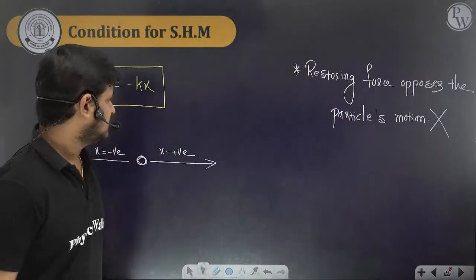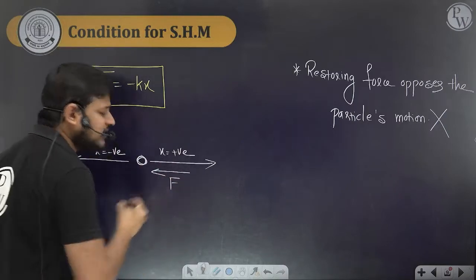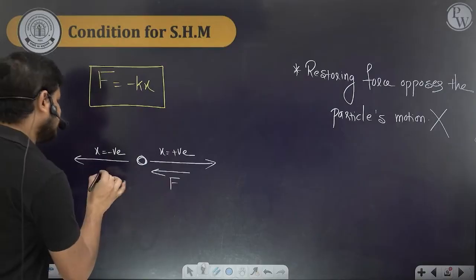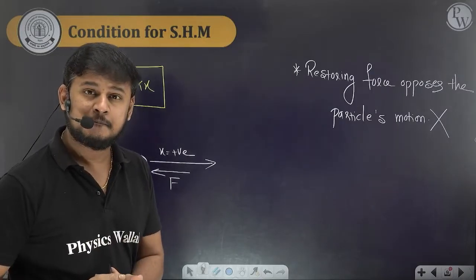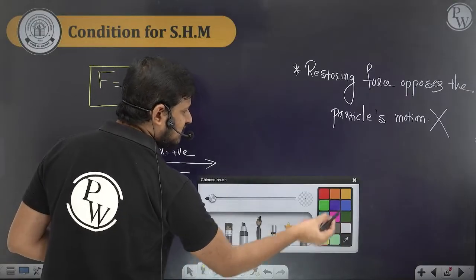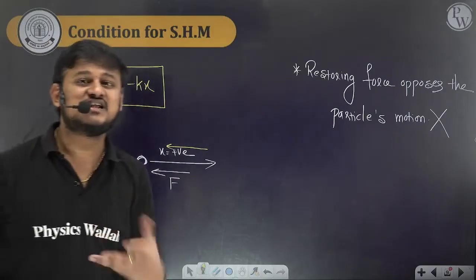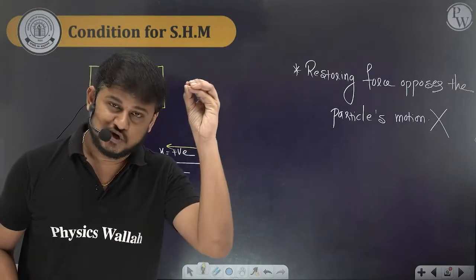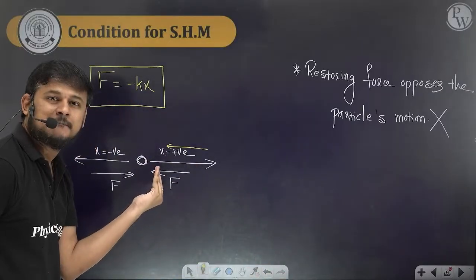Why? See here, sir, the particle is going this side and the restoring force acts towards the mean, so it's opposing the particle's motion, right? No, because let's suppose the particle is coming from the extreme. Then which side will the restoring force act? The restoring force is always towards the mean.